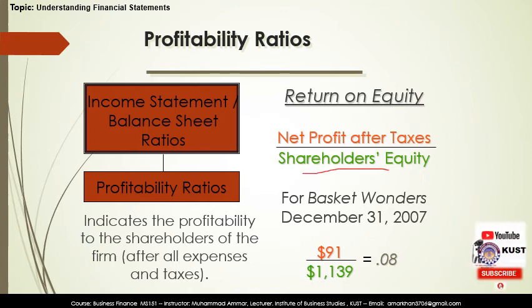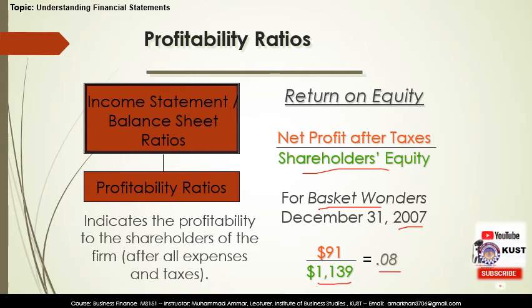We know that shareholders' equity is a balance sheet item and net profit after tax is an income statement item for Basket Vendor for the year 2007. So the values taken are $91 for net profit after tax divided by $1139 for the shareholders' equity, and we get the answer 0.08.